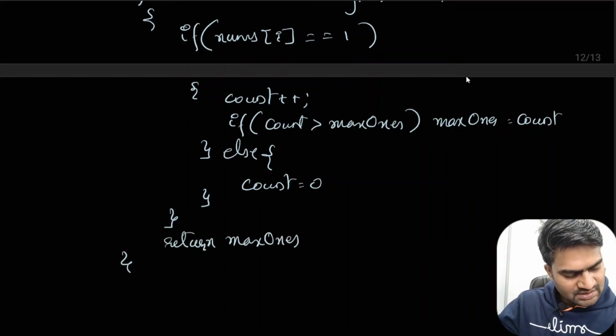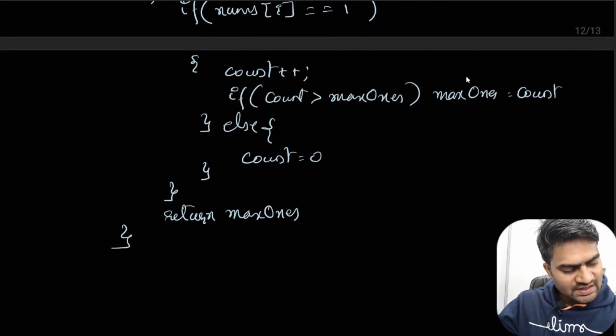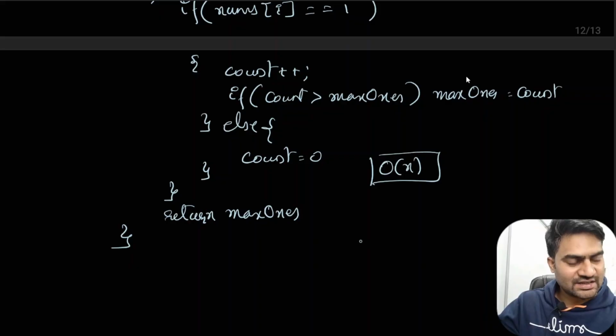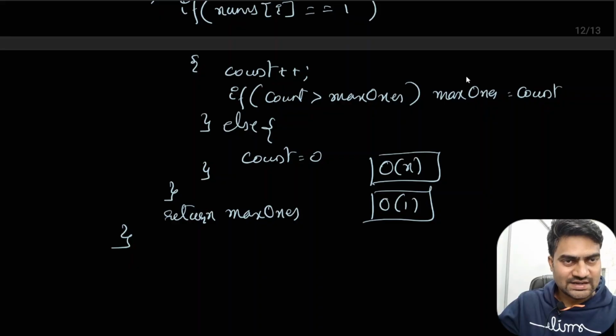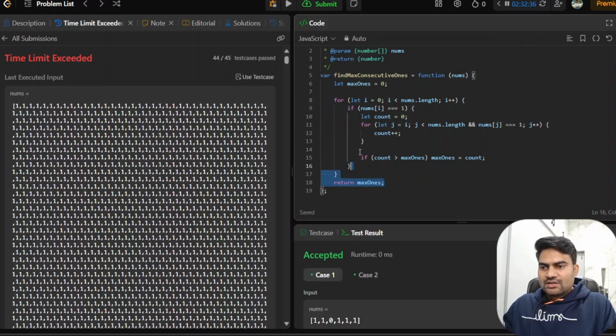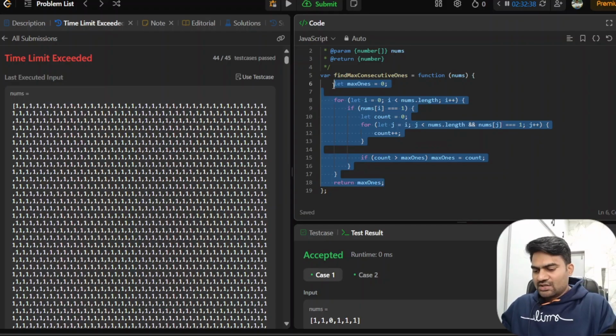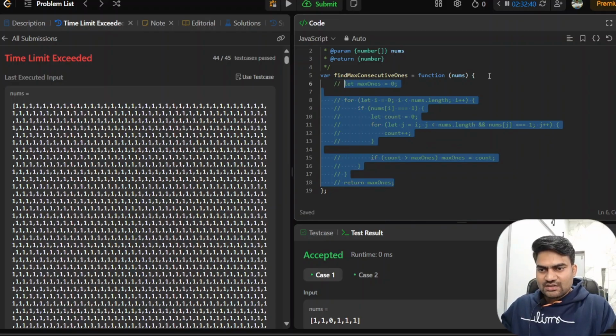Okay. So if you see, this executes in order of n time complexity and it is not taking any extra space. That's why space complexity is order 1. Okay. Now let us execute this. So I will comment out this part.